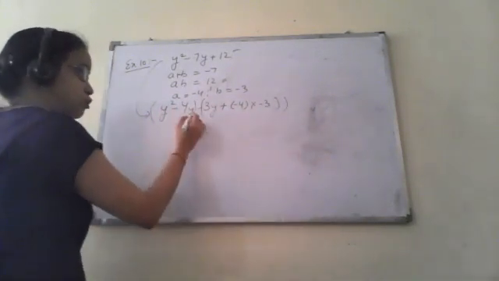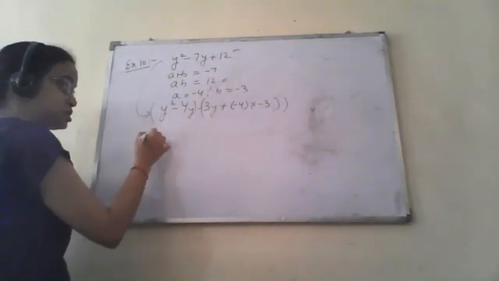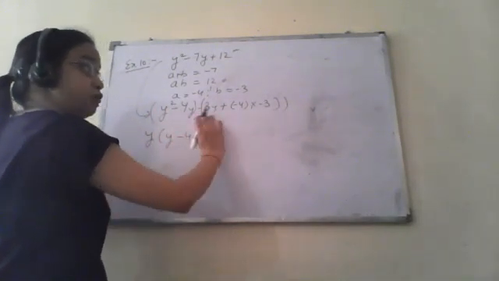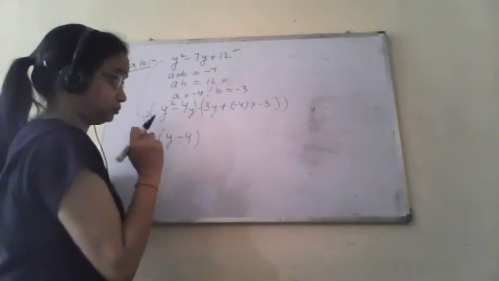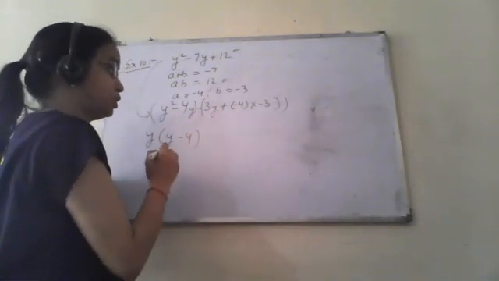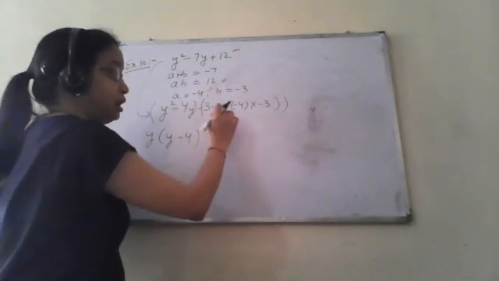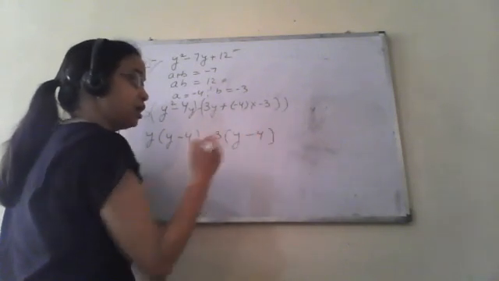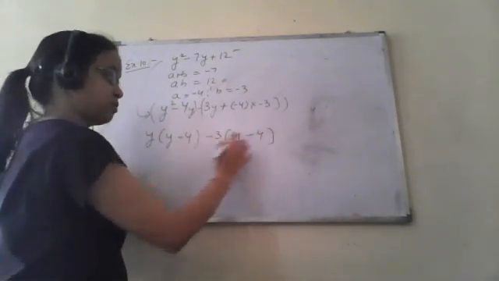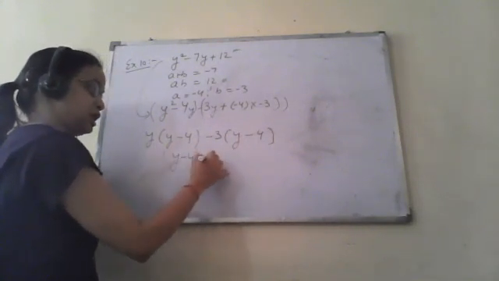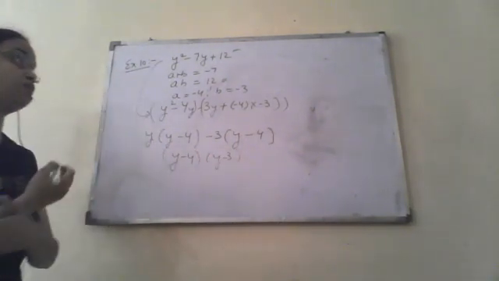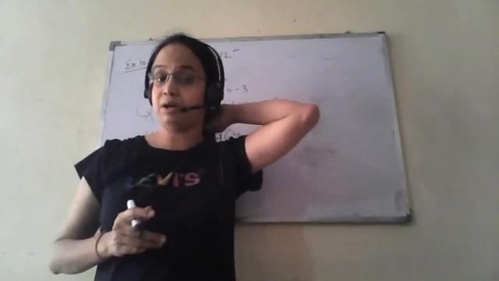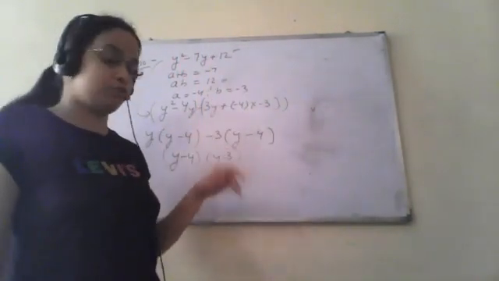From the first two terms, y is common, and what is left is y minus 4. From the other two terms, we take minus 3 common, and y minus 4 is left. So it is y minus 4 into y minus 3. This way of factorizing is also called splitting the middle term.